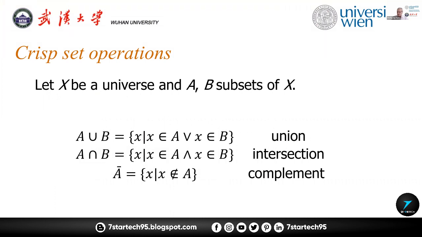As I said, for regular sets or crisp sets, we have the following standard set operations. If we have subsets A and B being subsets of some universe X, then we define a union and intersection of two sets in a standard way, as you know from basic mathematics.